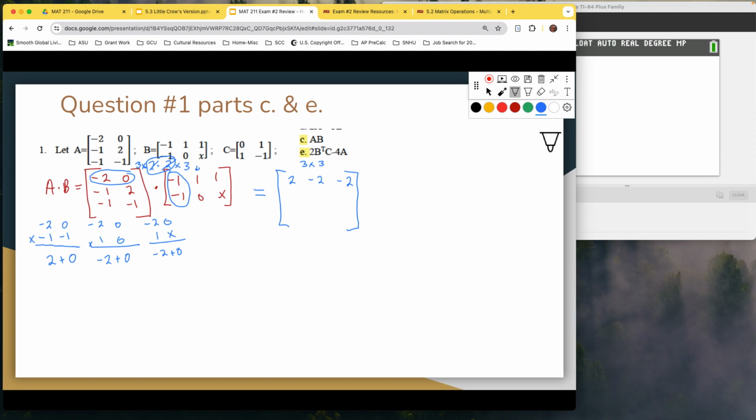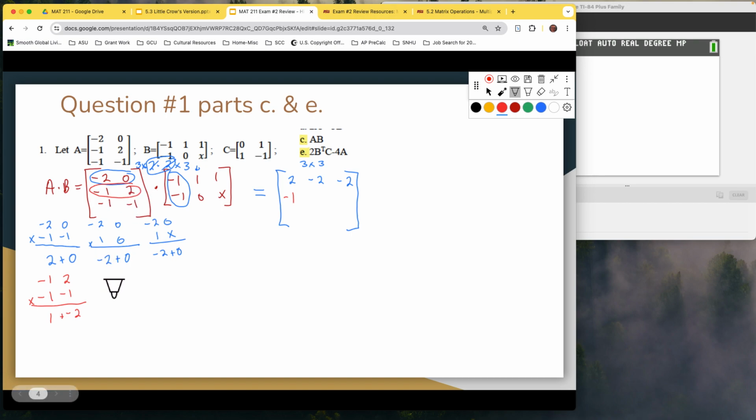Next, let's go ahead and change colors. I'm going to take the second row times the first column. So -1, 2 times -1, -1. We multiply. This gives us a +1 and a -2. We add those together and we get a -1.